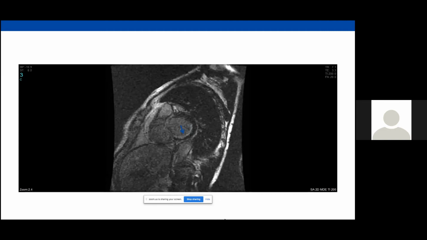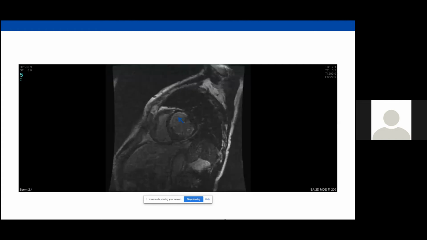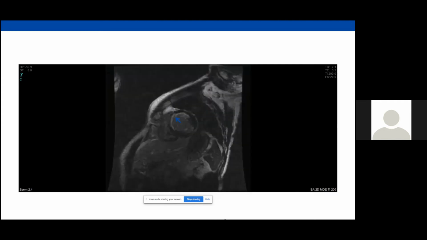Normally, the short axis views are better for diagnostic purposes when compared to the long axis view. This is at the base of the LV. We can see the presence of less than 50% scar at the inferior wall, and again scar at the anterior wall and at the apex at the anterior wall.